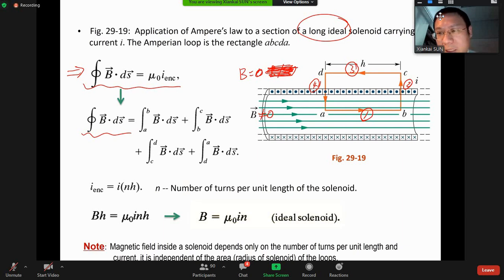So that means on part 2 and part 4, B to C and D to A, because B is perpendicular to ds, this should be 0.